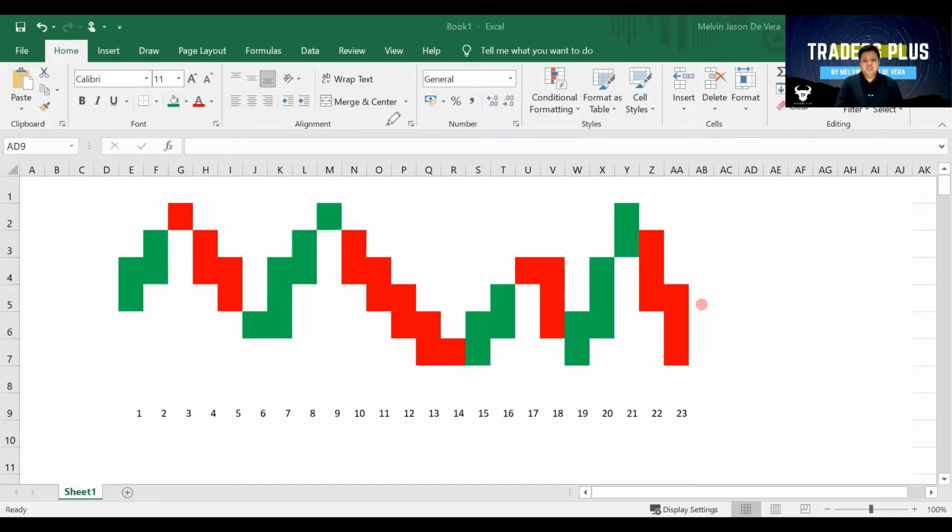Now, since nakuha na natin yung 5, this is an average from this period. Now, magmo-move tayo to this period, and then isasama natin yun. Again, nag-move tayo to this candle here, and sinama natin yun.